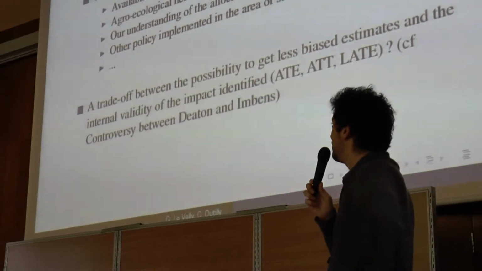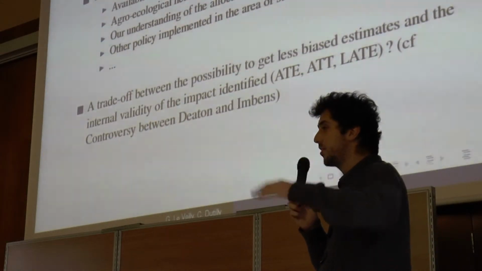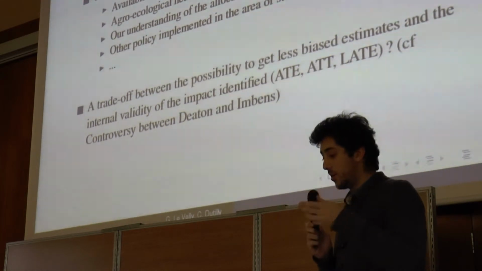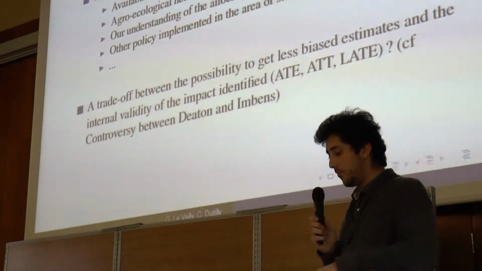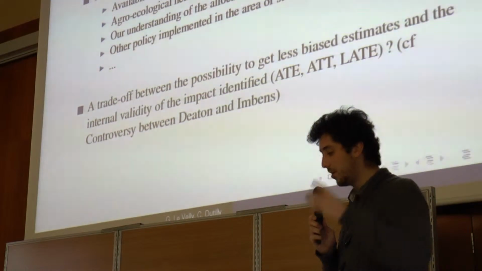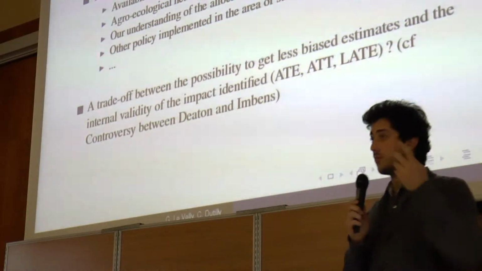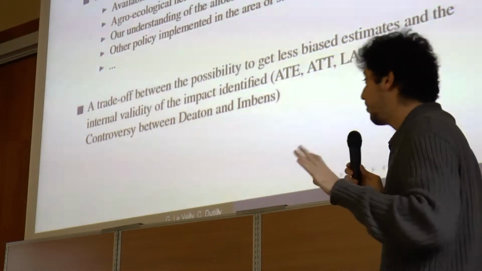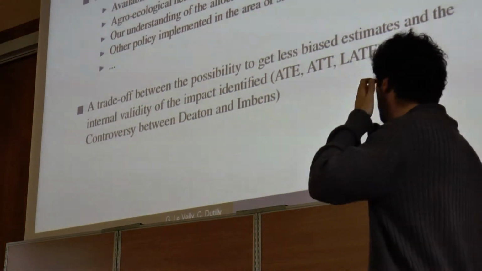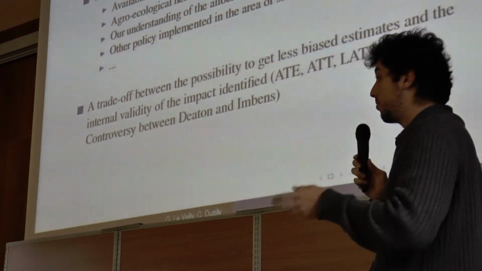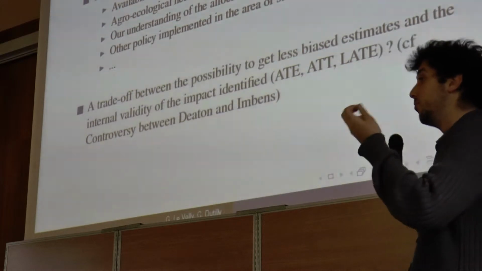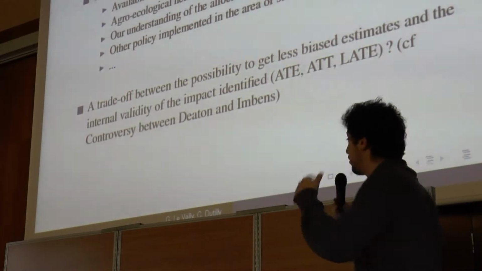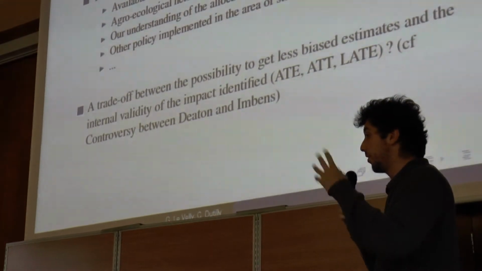It depends on multiple factors: available data, a large enough control group, agroecological heterogeneity. And one of the greatest things to understand, from our point of view, is the allocation process. How and why do landowners receive the program first, and so on.